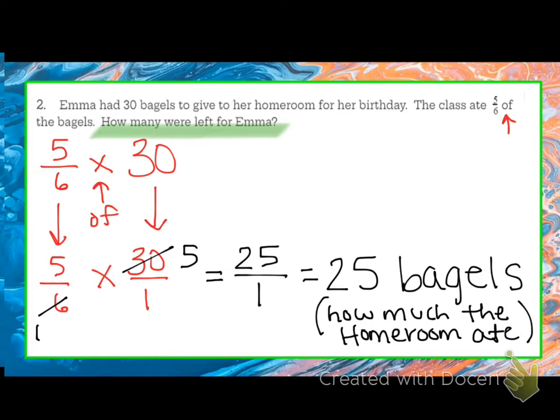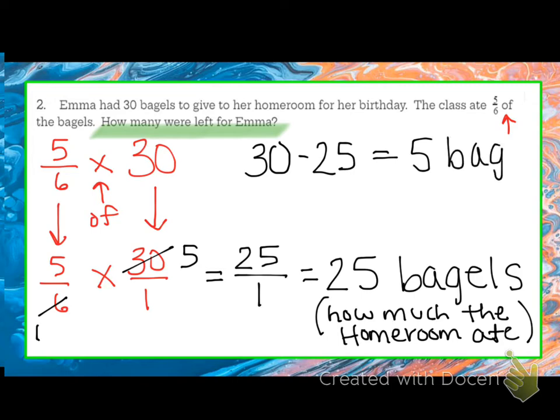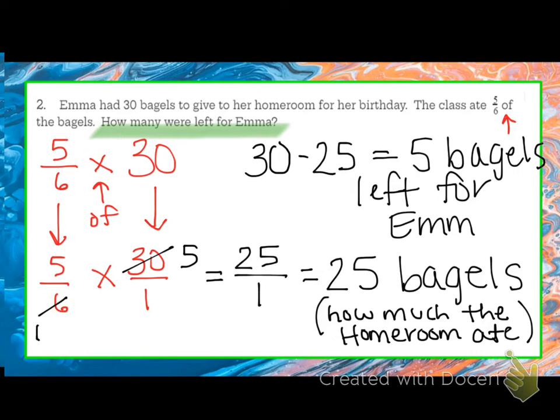So in order to solve that, we have to go back to what we started with. And we had 30 total bagels. If her homeroom is eating 25 of them, that means that there are 5 bagels left for Emma.